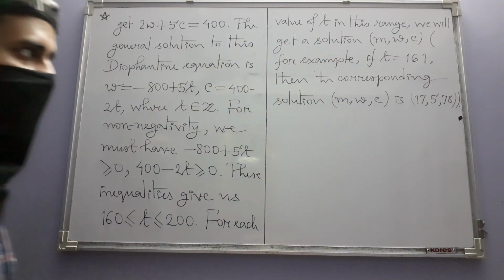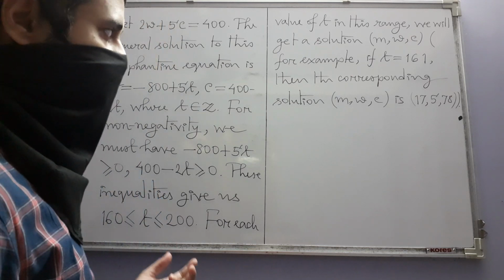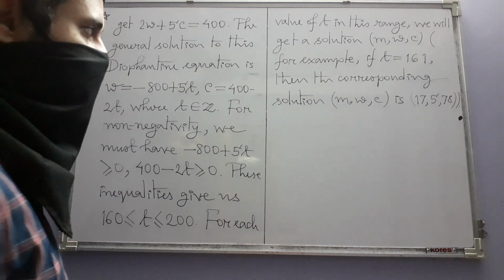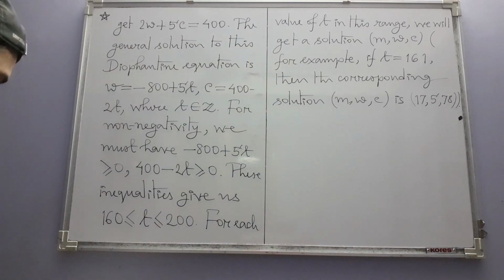So you can have 17 men, 5 women and 78 children and have that type of distribution of grain. So that is the solution to part A.